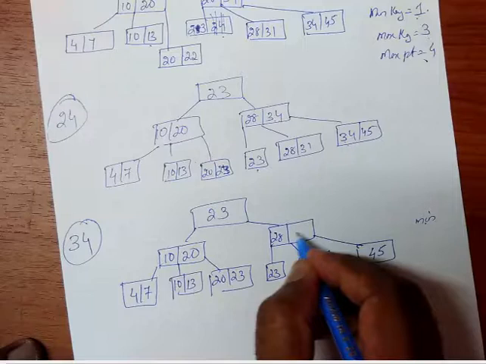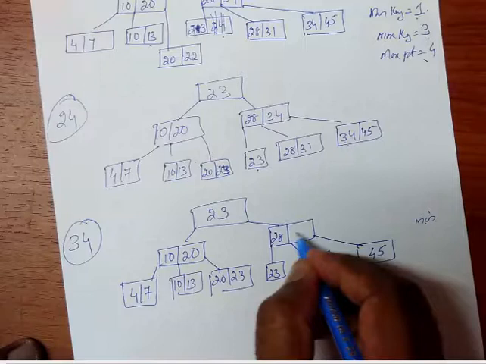After removing an index value, or a value from the internal node, we have to find a suitable element from its right subtree. Here we removed 34, and suitable element means the minimum value from the right subtree.